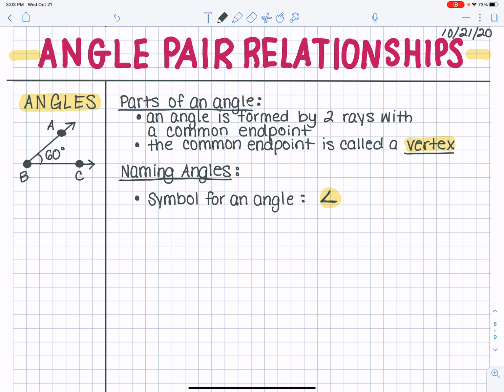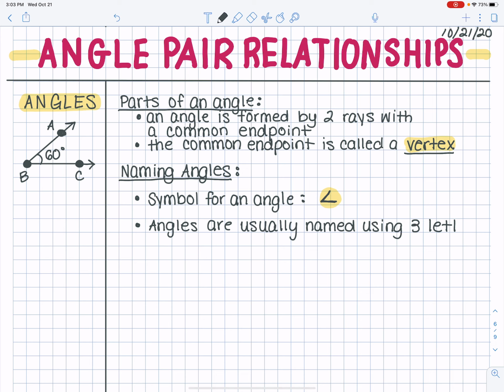Angles are usually named using 3 letters, and of the 3 letters, the middle letter must always represent the vertex.